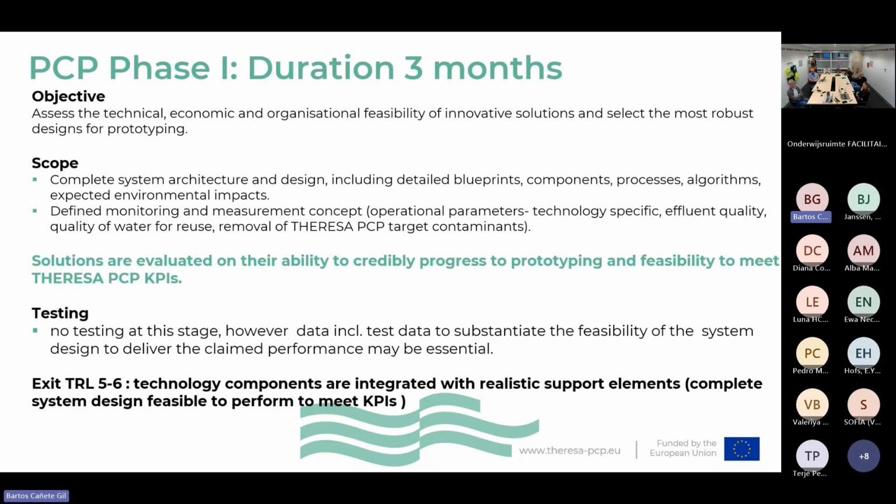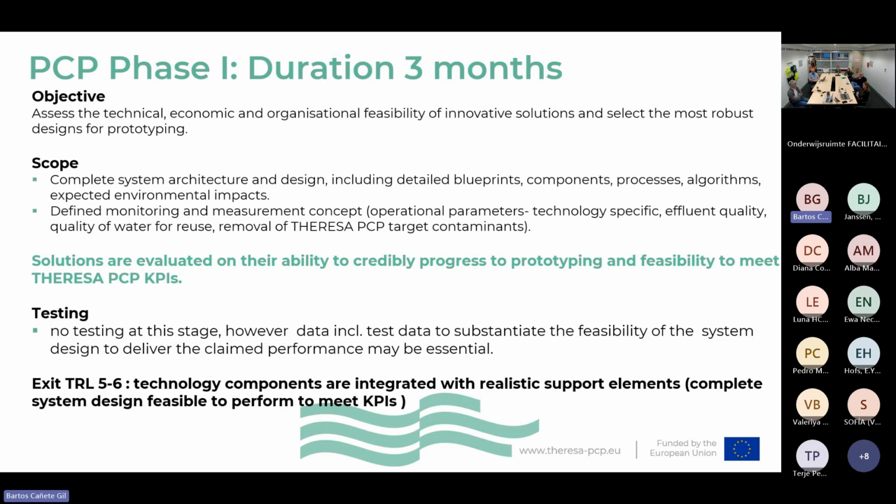The duration assumed for this phase is 3 months. The objective is to assess the technical, economic, and organizational feasibility of the innovative solutions and to select the most robust designs for phase 2, which is the prototyping phase.